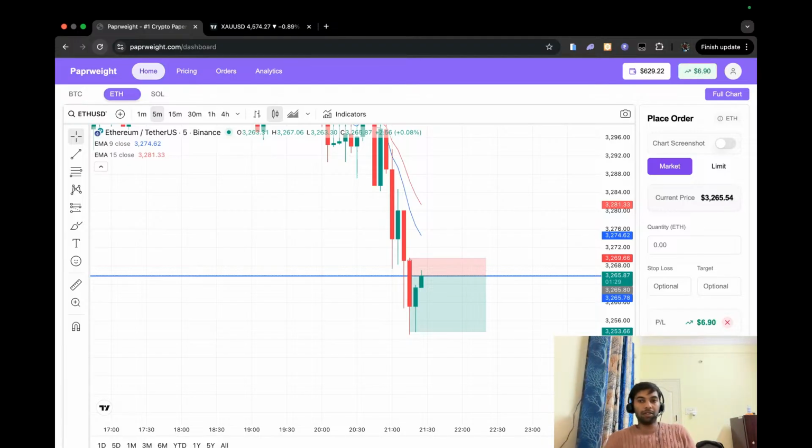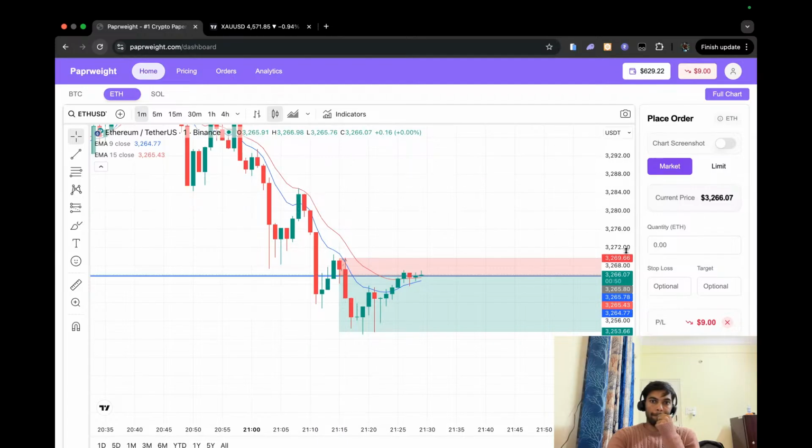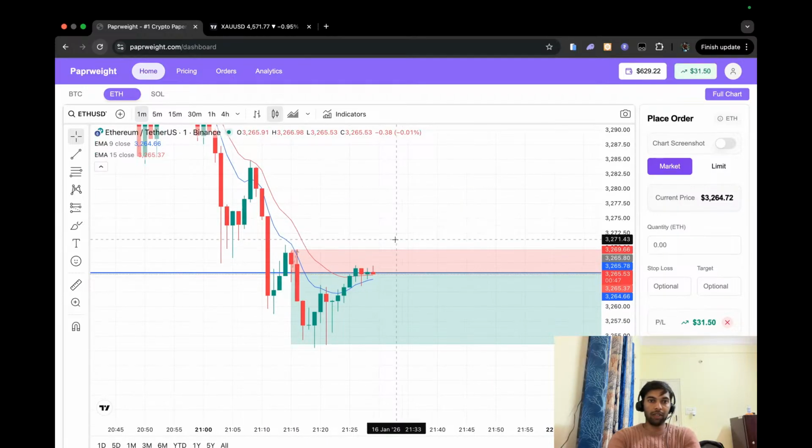Either we book profit or we book loss, it doesn't matter, but this is our last trade. So this is how it looks in the 1 hour, 1 minute interval.